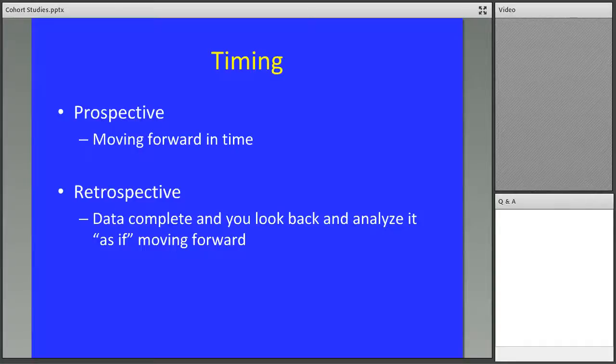So you may already know the outcome in the data set, but you personally don't necessarily know the outcome, and you essentially are doing a prospective analysis as if you're moving forward in time, but you happen to have all the data at the same time, so that's a retrospective. That concept's a little bit hard.